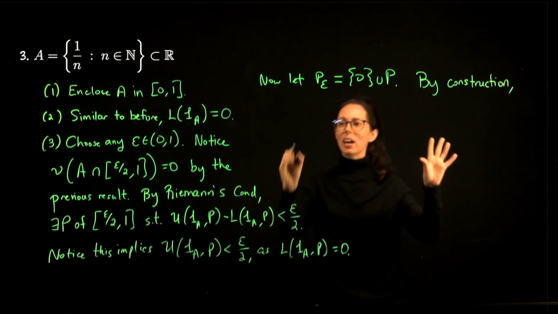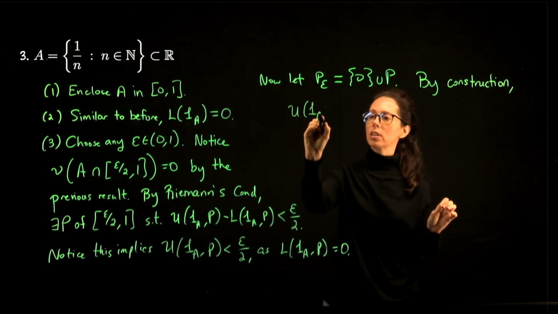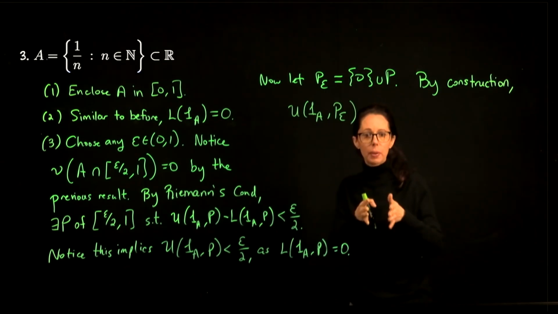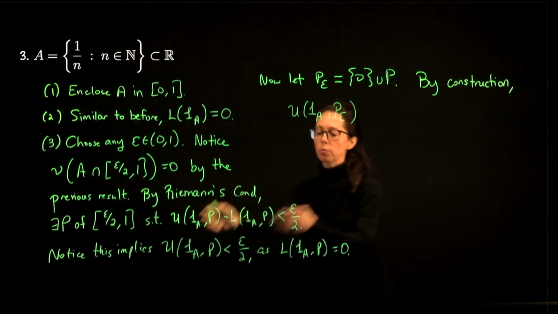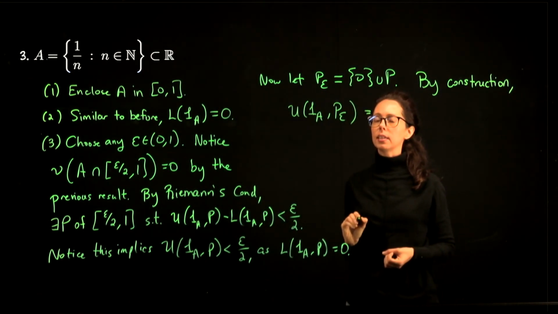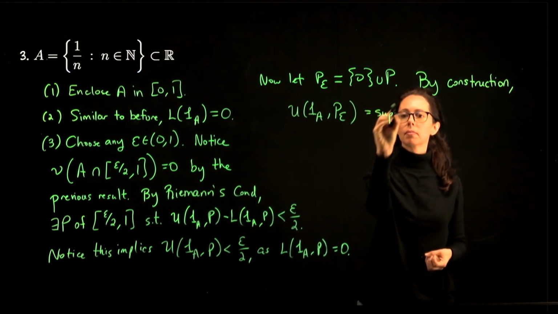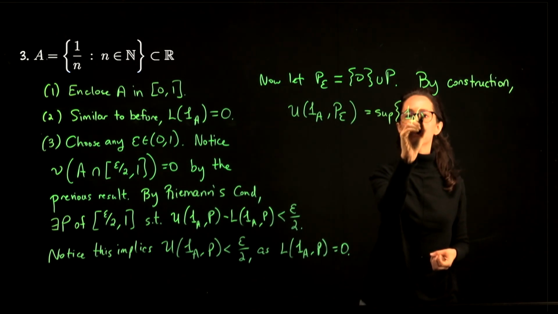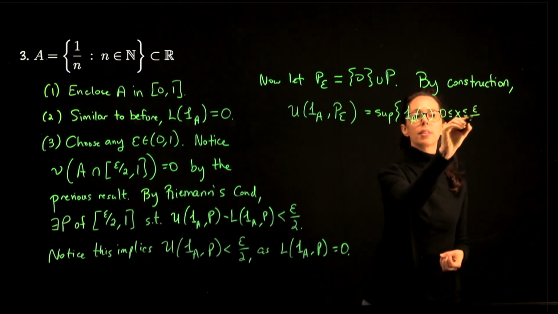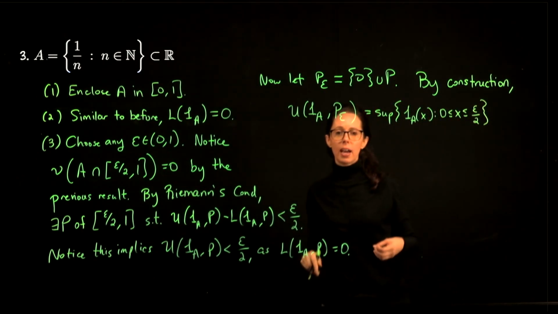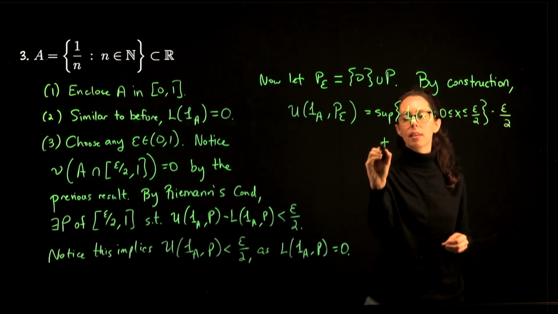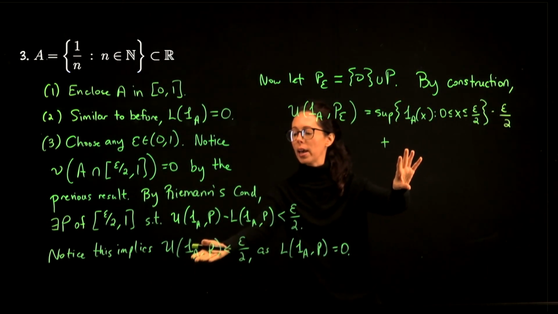The upper sum of the characteristic function of A with respect to this partition is going to be this first piece plus the rest of it, which we've already done here. So let's say the sup of the characteristic function for x in that first little subinterval between 0 and epsilon over 2 times the first width, which is epsilon over 2, plus, and now here's where I was hesitating, but I think I'm just going to go ahead and write this.